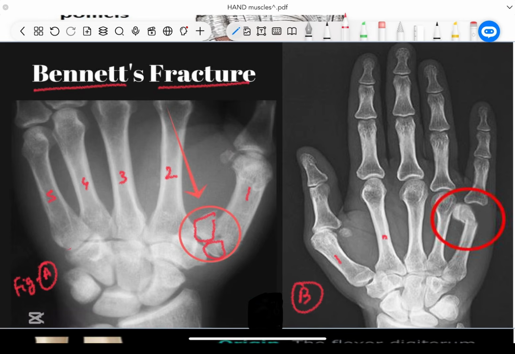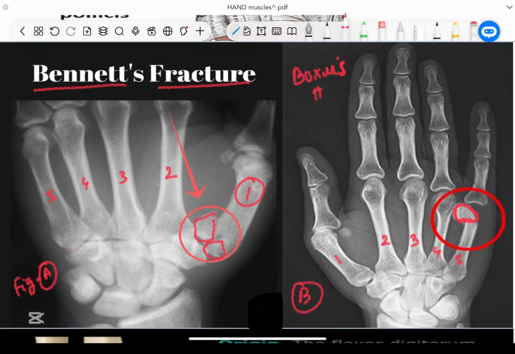Now, on figure B, you can see again first, second, third, fourth and fifth. The head of the fifth metacarpal has a fracture. This fracture is called Boxer's fracture. One is Bennett's fracture, which happens at the base of the first metacarpal, and one is Boxer's fracture, which happens at the distal end, or head, of the fifth metacarpal.